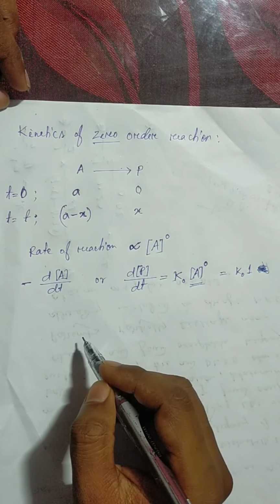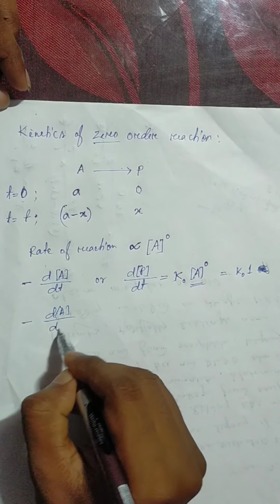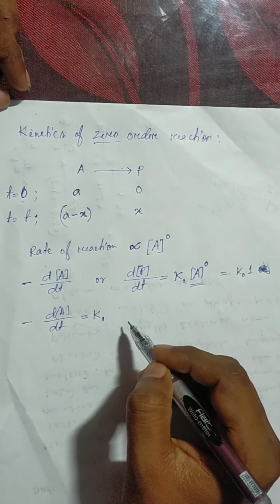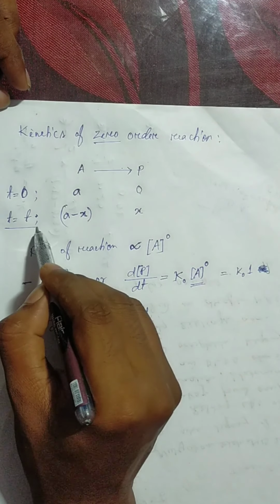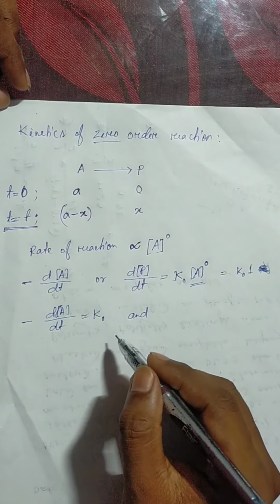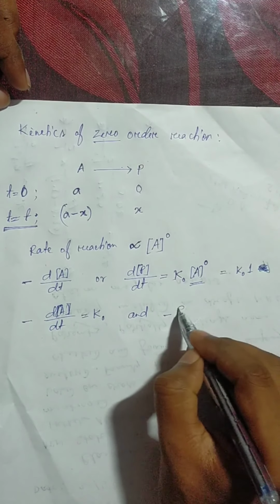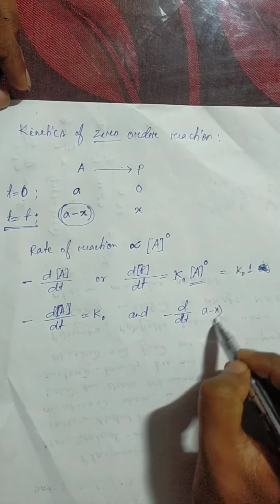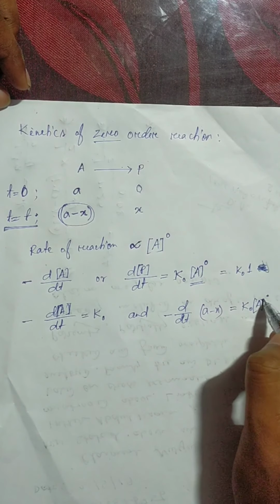K naught 1. So in case of reactant, it will be K naught, and at the time t, when time is equal to t, we can write d/dt of (a minus x) is equal to K naught a to the power 0.